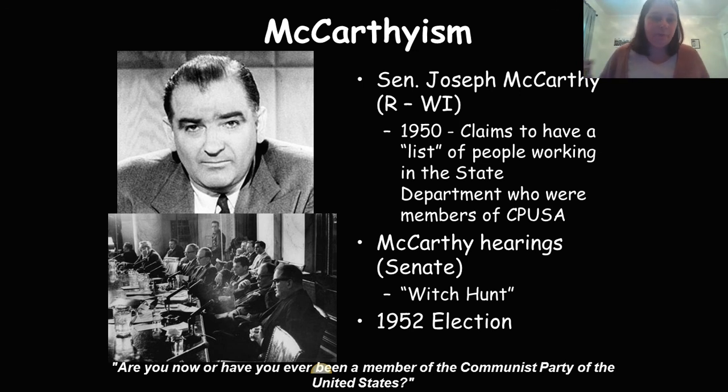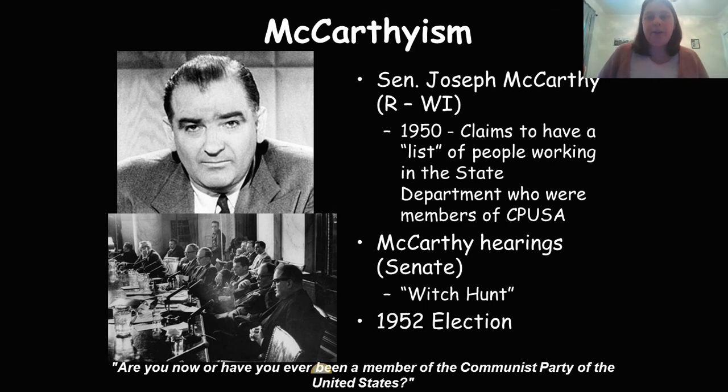It's just fear and paranoia and hysteria. He wrote that as a long metaphor for McCarthyism, this idea that we're looking for these secret communists, and they really don't exist. That's kind of the argument of the play itself. So this part of the Second Red Scare, we'll circle back to McCarthyism because it extends out into the 1952 election, which is going to be a topic for next week.